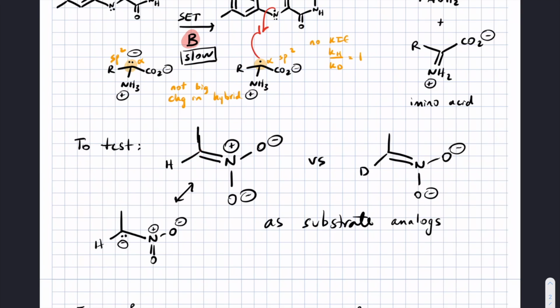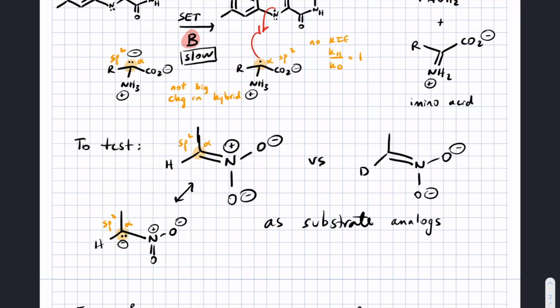And if you look, a resonance structure for this nitro compound looks kind of like an enolate, right? It would be an sp2 hybridized carbon that is nucleophilic or bears part of the negative charge.